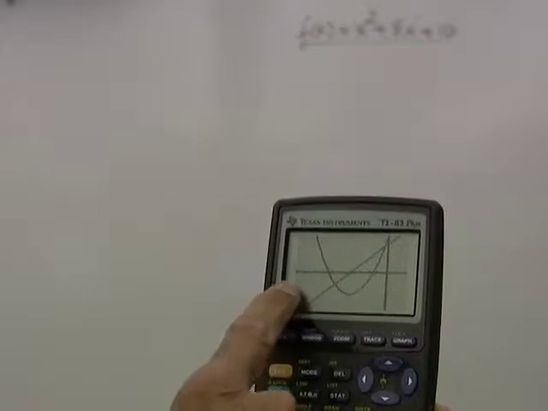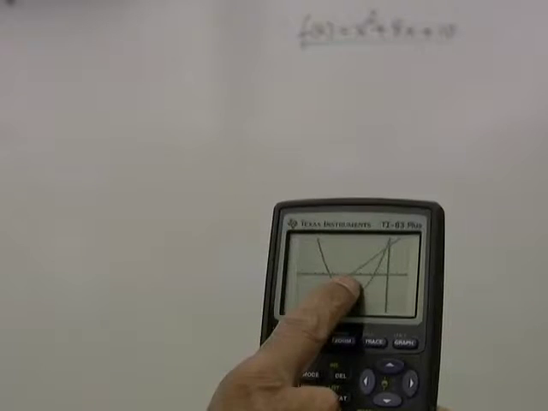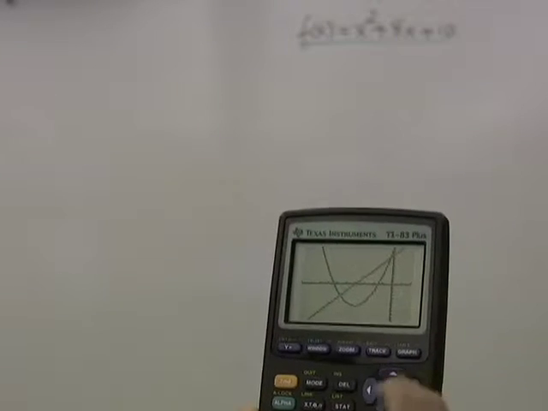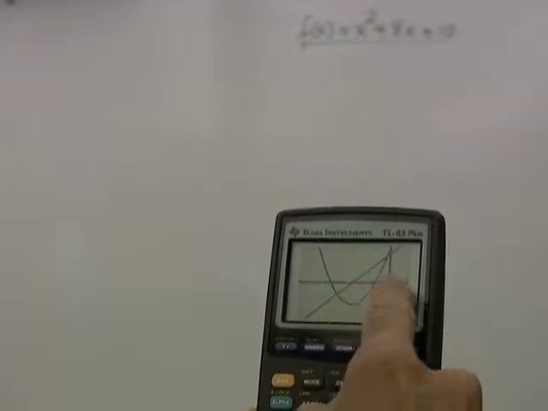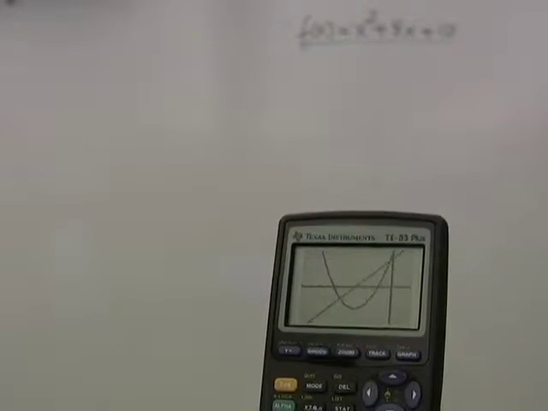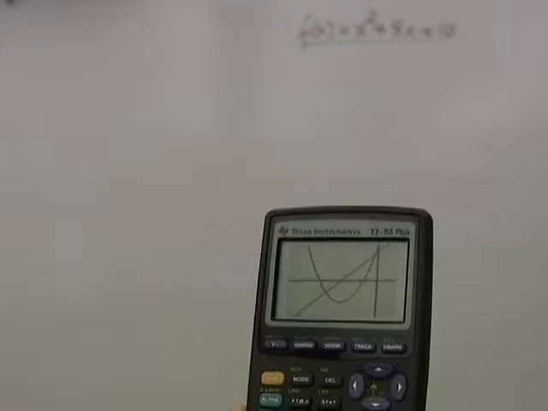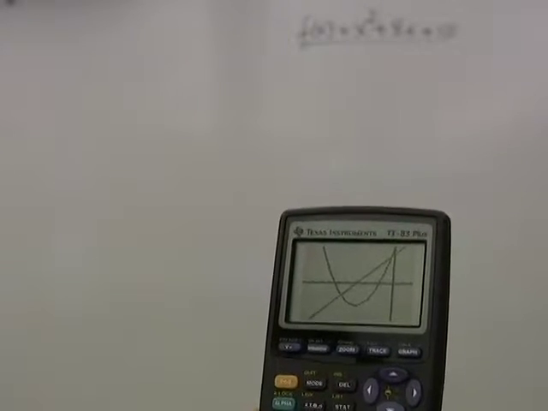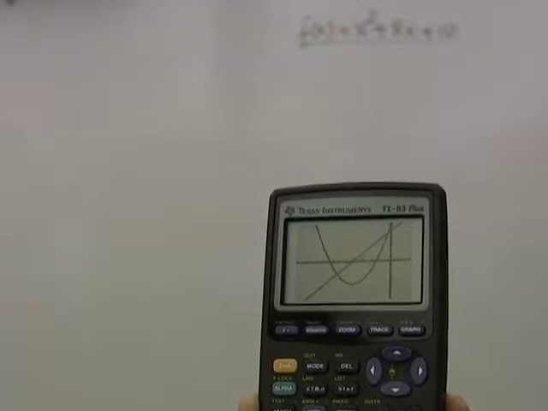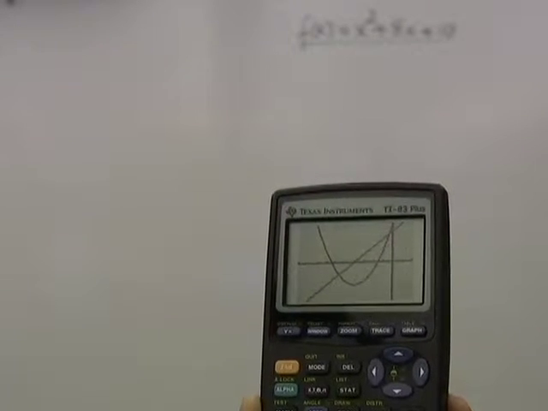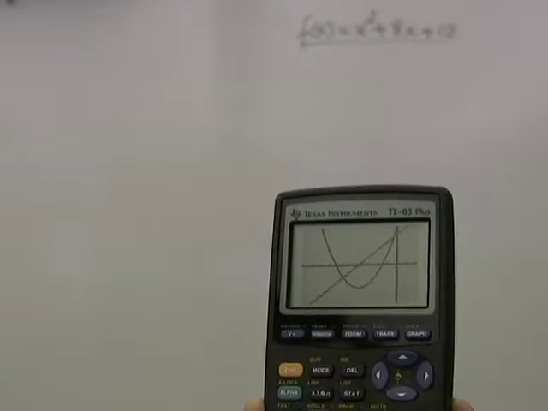So the derivative is negative from negative infinity to -4, and positive from -4 to infinity. The derivative is 0 at x equal to -4, meaning the derivative graph is crossing the x-axis at x equal to -4.